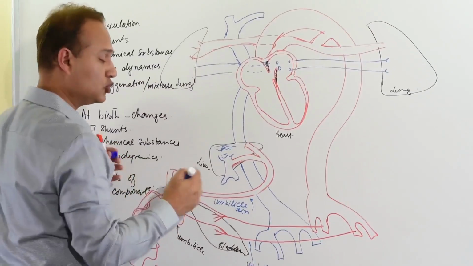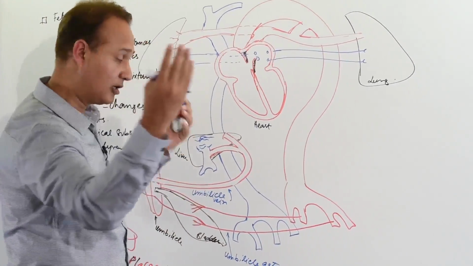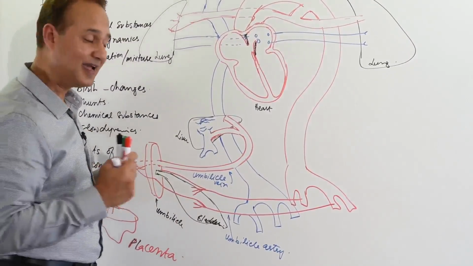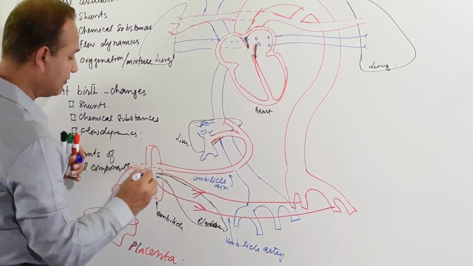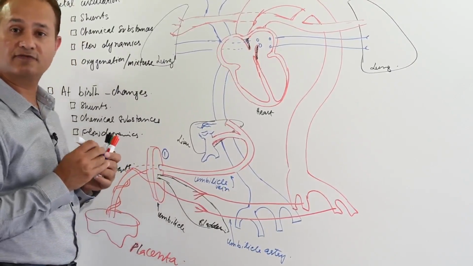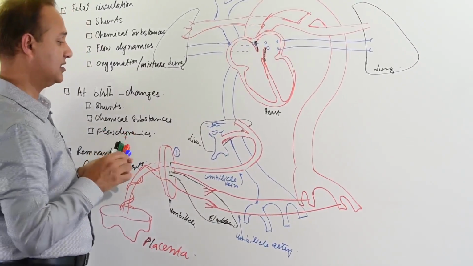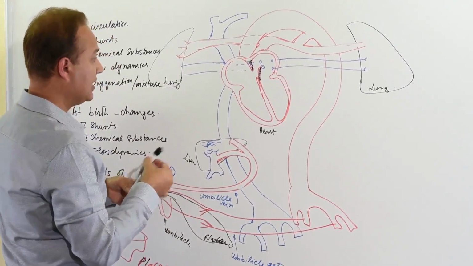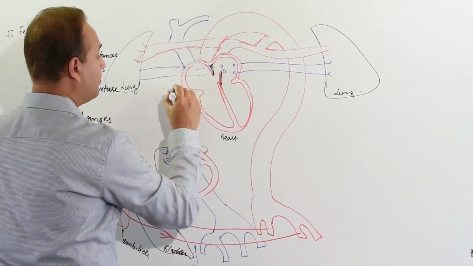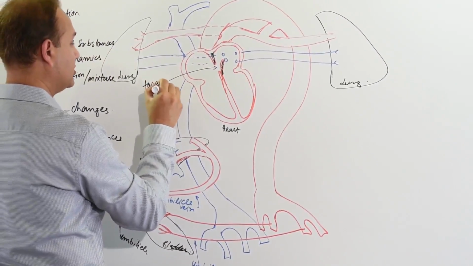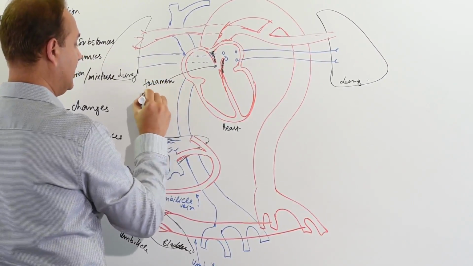So that is one difference. In adults, there is no connection with the maternal blood supply. There is a psychological or physical connection, but not a blood supply connection. This is one difference of a fetus from an adult. The second difference is that a fetus has a patent foramen ovale.